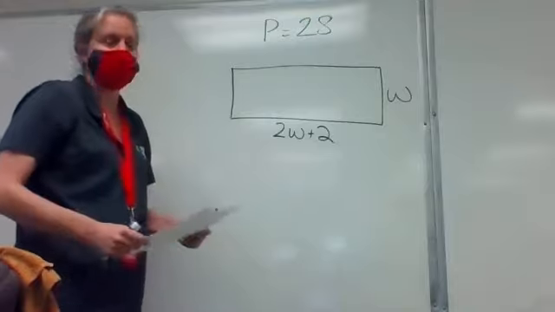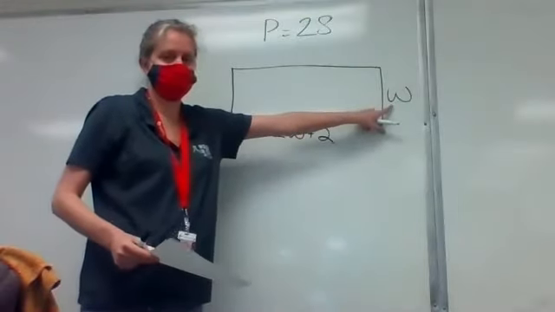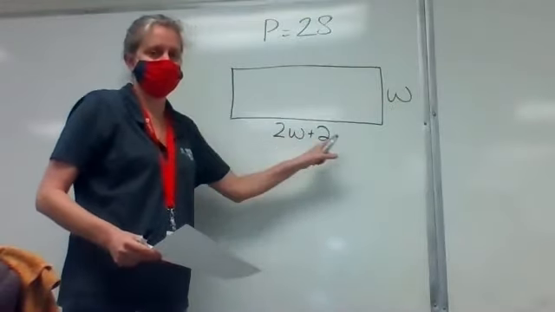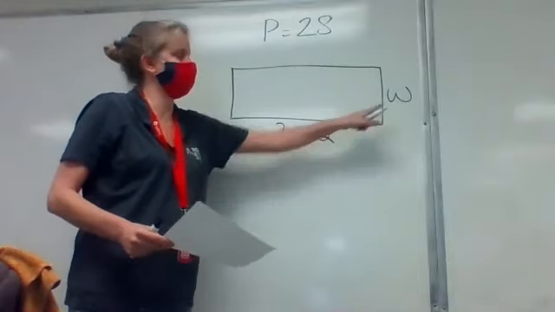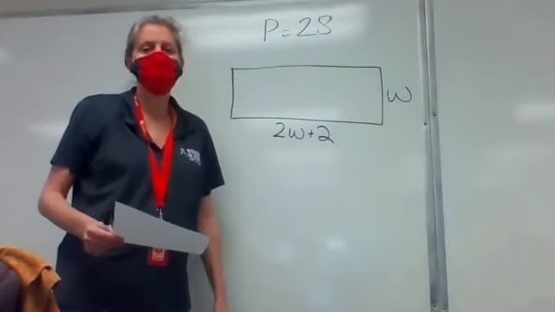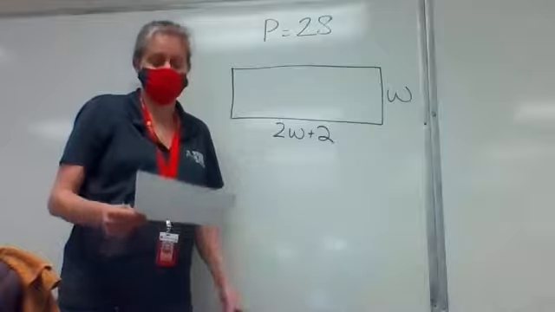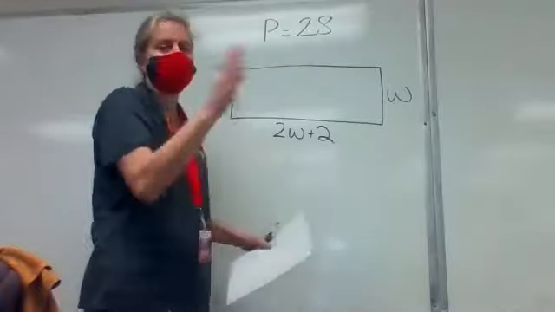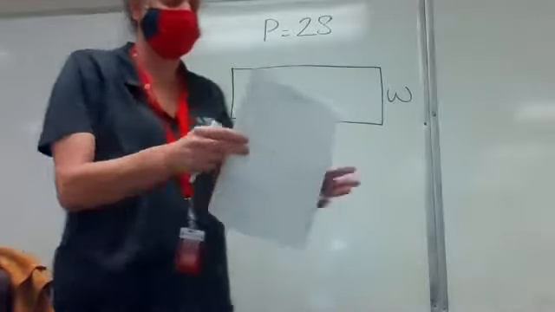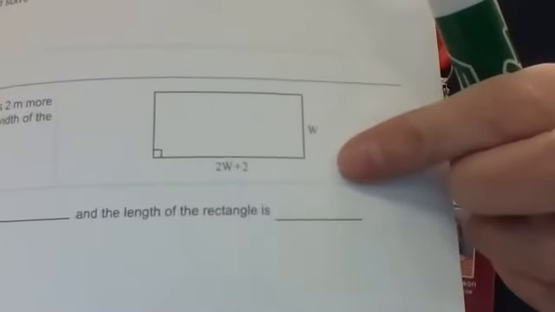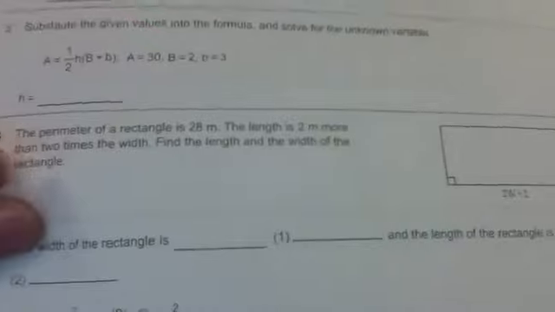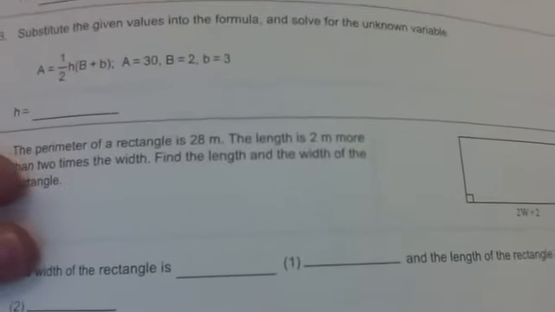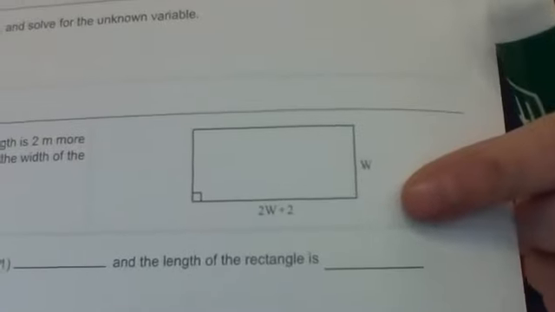It's just W. But whatever the width is, the length is 2 more than 2 times that distance. Is that what it looks like on the paper? That is what it looks like on the paper. So it gives you all the wording, but then it actually draws. So even though it gives you the wording and acts like you're going to have to come up with the length and the width dimensions on your own, it gives you the picture of it over here.